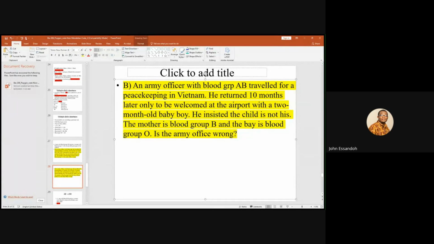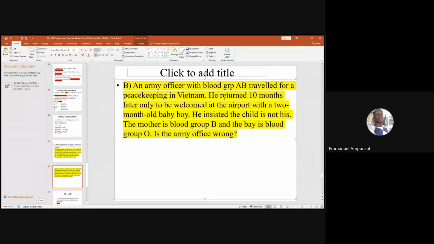So I think the defense would be that, well, the child is 2 months old. So it means that maybe the mother conceived 1 month before the man traveled for the peacekeeping operation. And it is possible because some women could even come and testify that at a point in time they conceived and they were not even aware. Sometimes people get hormonal imbalance and then they can conceive and still be menstruating.